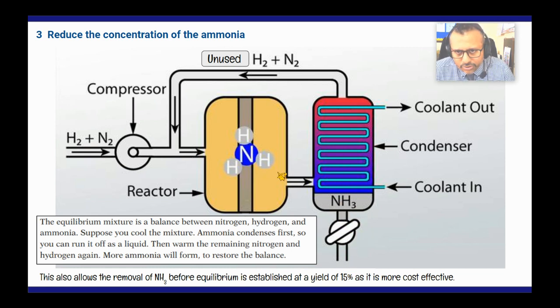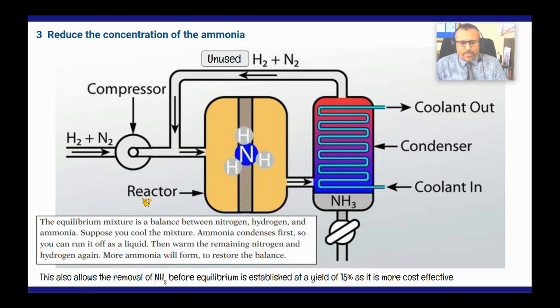The unused hydrogen and nitrogen that comes out from this reactor, because the reactor doesn't allow the equilibrium to be fully established, it just allows a 15% yield of ammonia. That's good enough, and you also recycle the hydrogen and nitrogen that is unused, and you pump it all the way through under pressure using this compressor and allow it to react again.